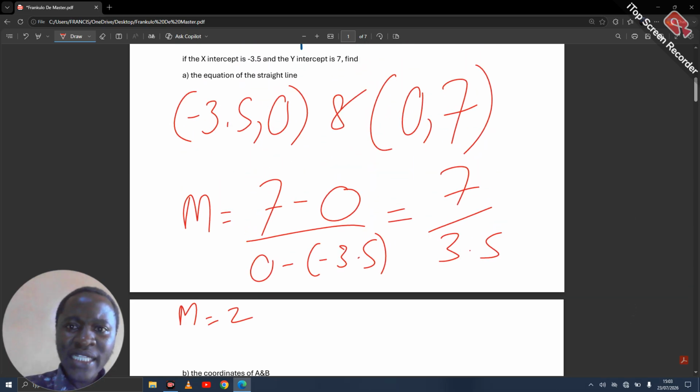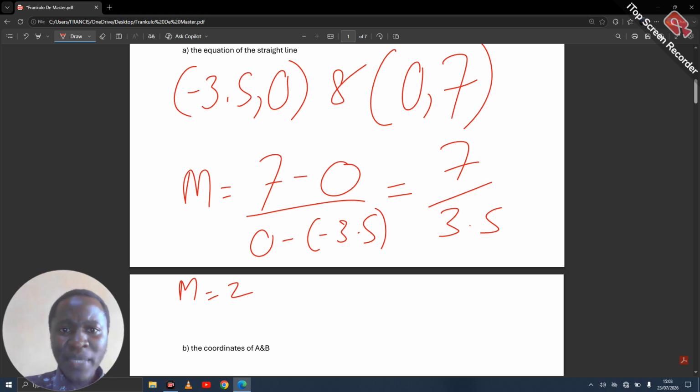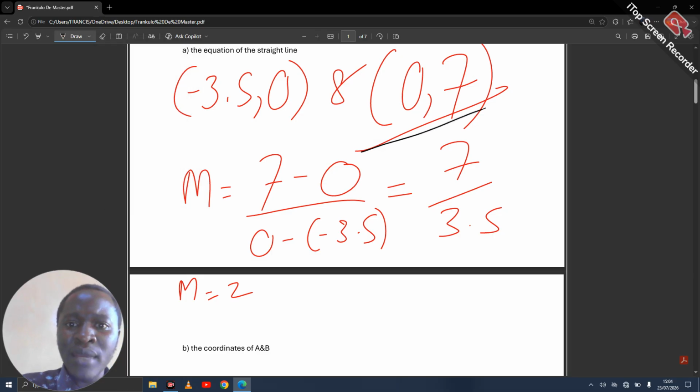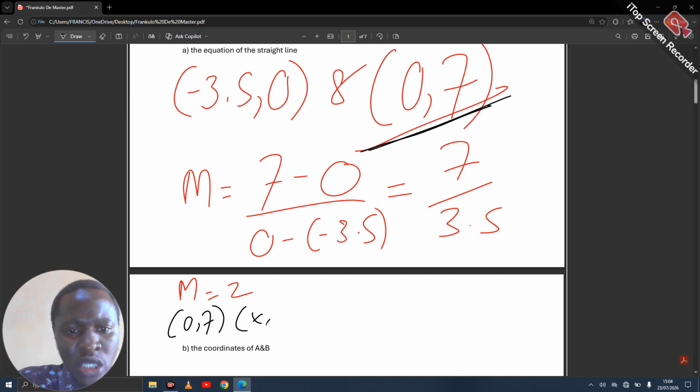So if our gradient is 2, let us pick any of the coordinates. In my case, I'll pick this one, though the answer will still be the same. Let me pick 0, 7. So using 0, 7 as x, y, the gradient is equal to 2.